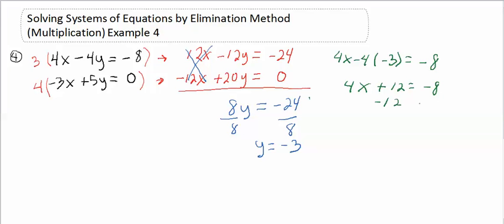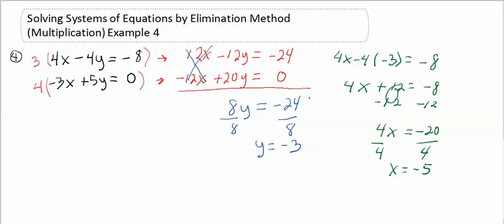Subtract 12, subtract 12, I have 4x is equal to negative 20, divide by 4, and my x is equal to negative 5.